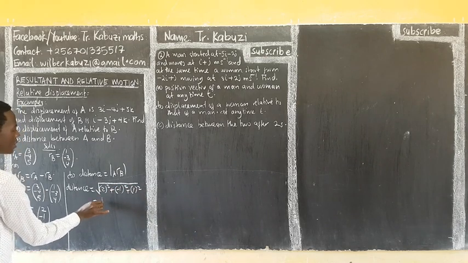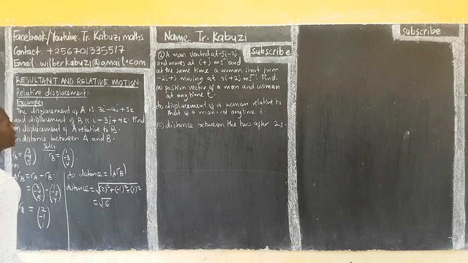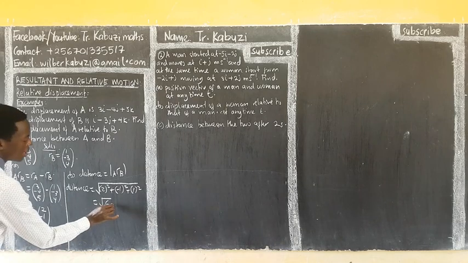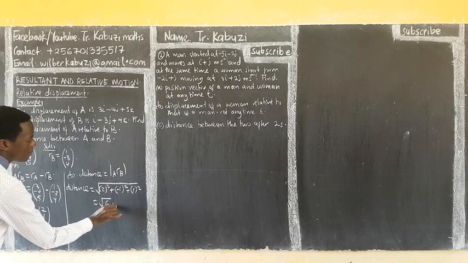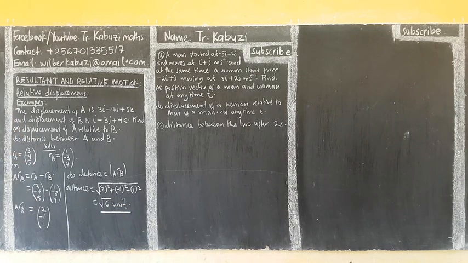This is going to be 4 plus 2, which is 6, so root 6. They didn't give us units, so we can put just units, as simple as that.